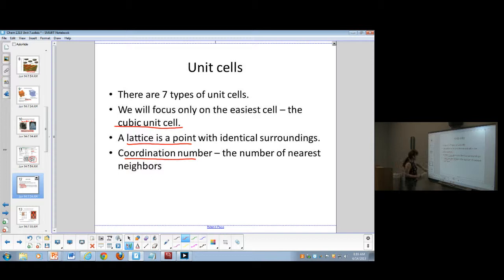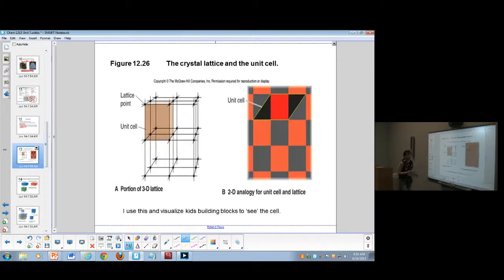So let's look at the crystal lattice. Okay, so we're having a unit cell, and I usually think of this in terms of a kid's building block, because I can actually draw this all by myself, which is practically a miracle, but also I can see it easily in my head.